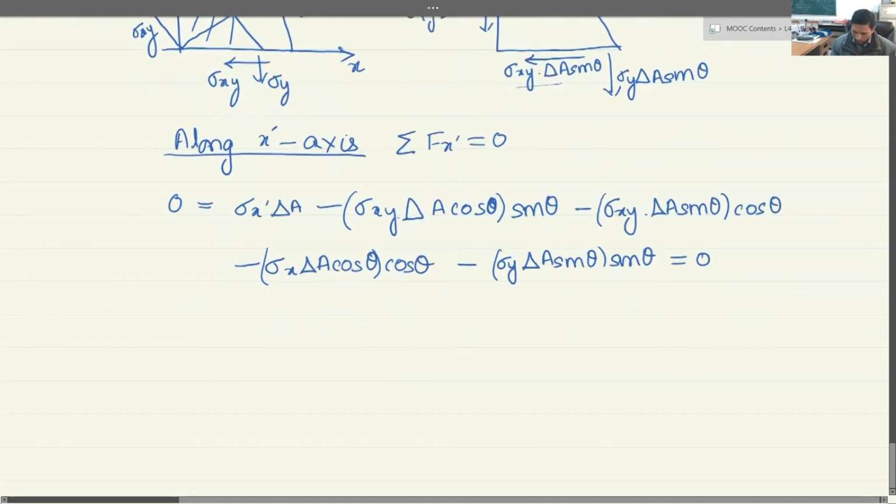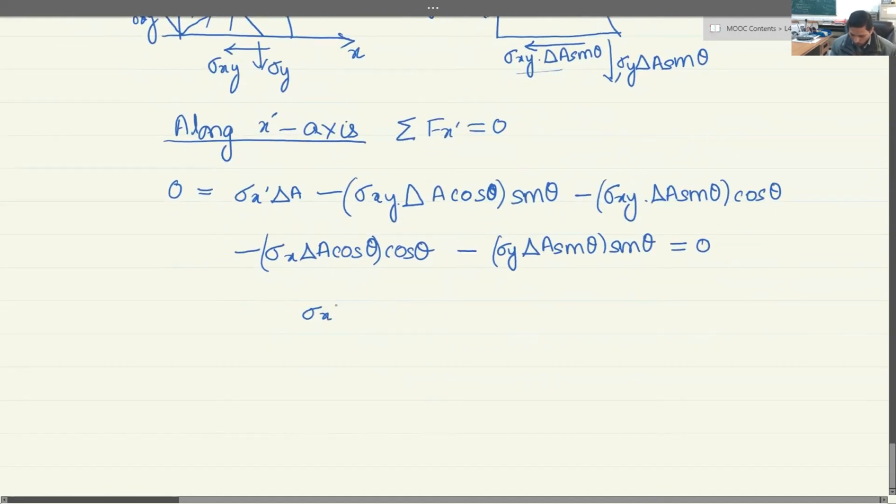Now we can balance the forces along the y prime direction, and again, since it is in equilibrium, we know that it should turn out to be equal to 0. So again, let's look at the components. So first, this is the y prime component, which is this one, and then we will have to take the components of each of these by taking either sine theta or cos theta. So sigma xy.